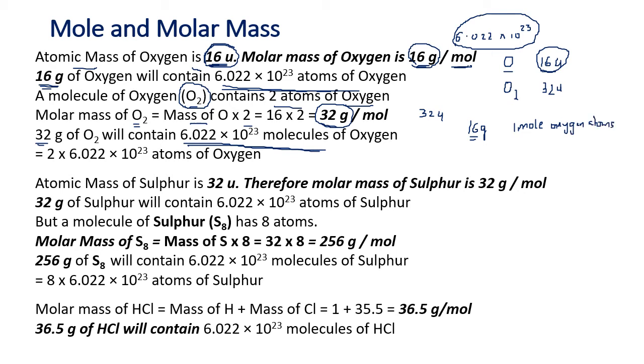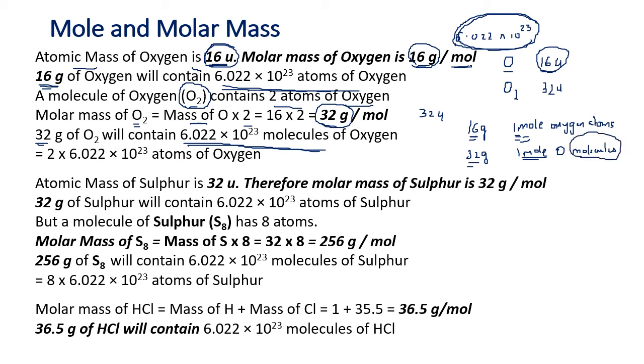But if I take 32 grams, I will get 1 mole of oxygen molecules. How much is 1 mole? 1 mole is the same number again and again. So in 16 grams, there is 1 mole of oxygen atoms, meaning this amount of oxygen atoms. In 32 grams, there is this number of molecules.